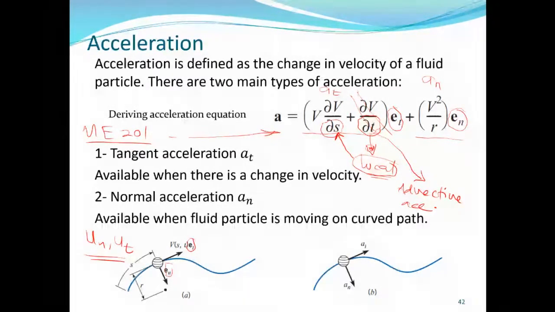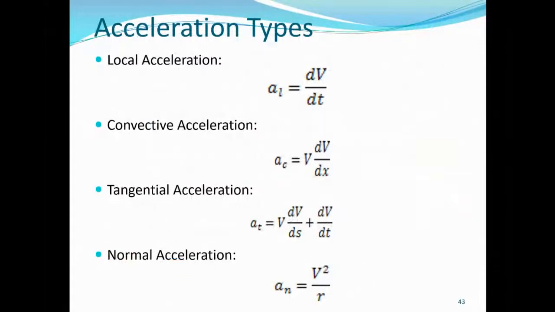We discussed the nozzle. I will go back to the nozzle and explain again. So this is the local acceleration, like I mentioned, and this is the convective or advective acceleration, as the case may be. And this is the tangential component of the acceleration, and this is the normal component of the acceleration.